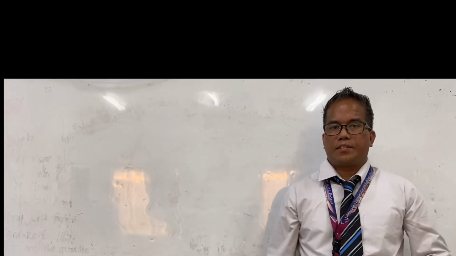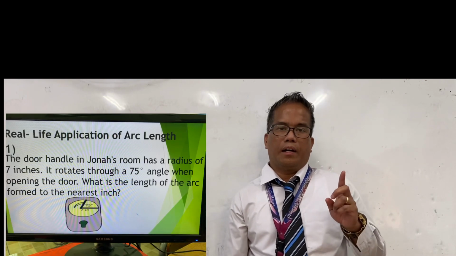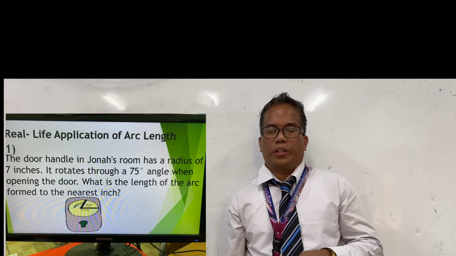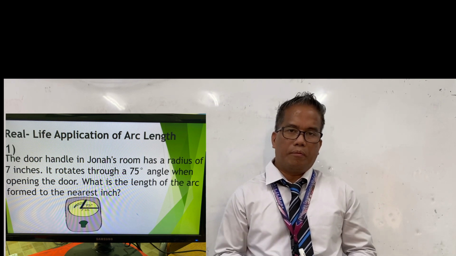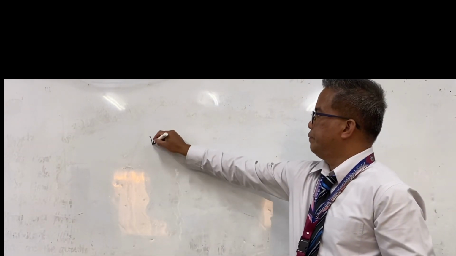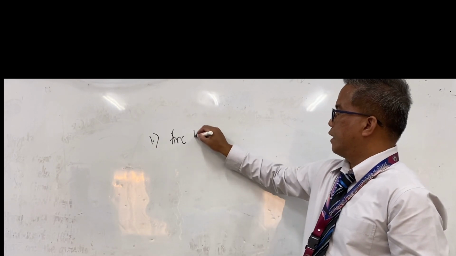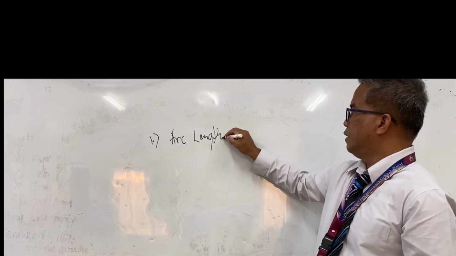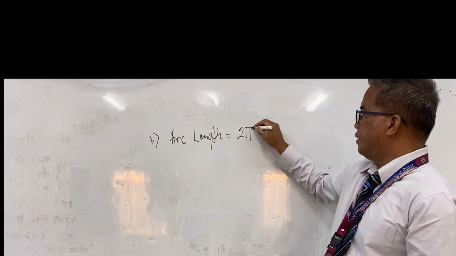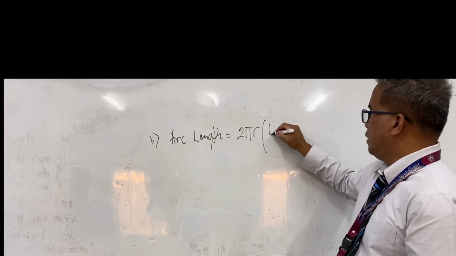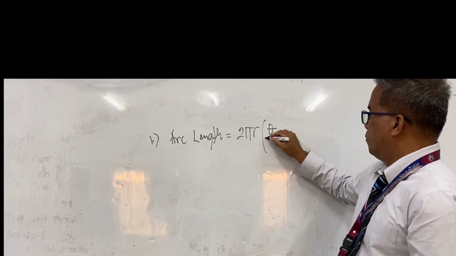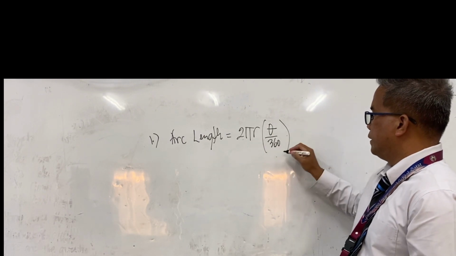Let us answer question number 1 in the real application of arc length. We will use again the formula: arc length is equal to 2 pi r, the circumference, multiplied by theta over 360.